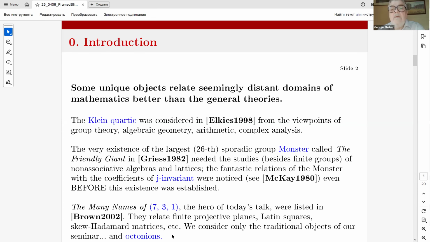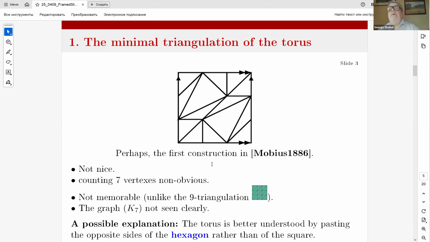So the next slide is the beginning. It is just the traditional topic. Only preparing for this talk, I learned that the author of this triangulation is Möbius, which I knew before, and would like to inform everybody that the contributions of Möbius to mathematics are by no means bounded by the main object bearing his name, the Möbius band.